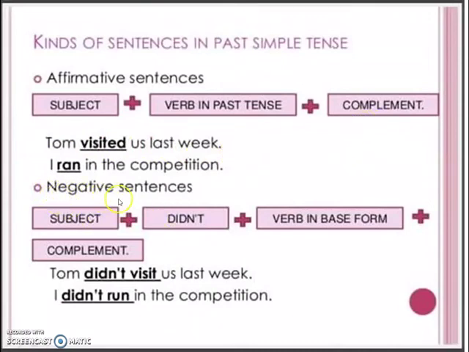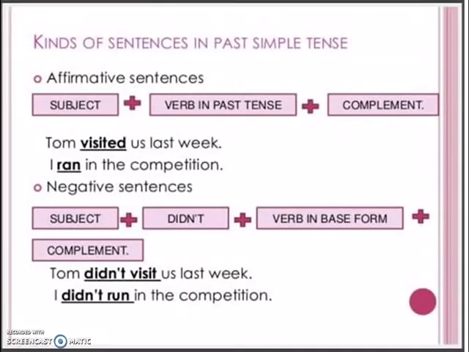The second kind is the negative sentence. Whenever we say negative, we have to use not. We have to start again with the subject, the helping verb did because we are talking about past tense, not, plus the verb in base form plus the complement. For example, Tom did not visit us last week.